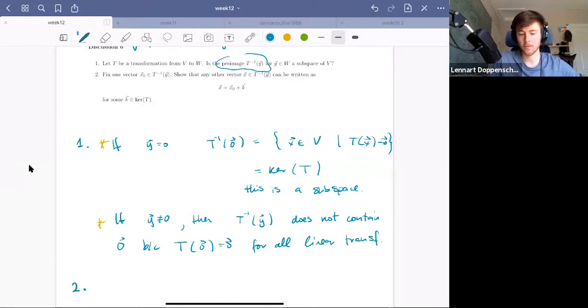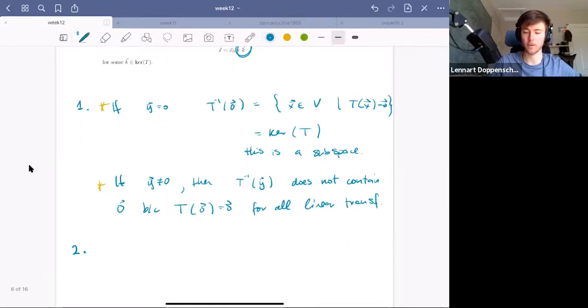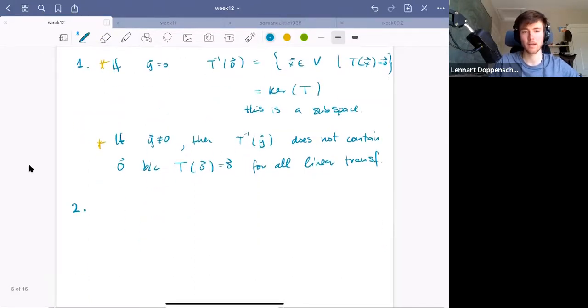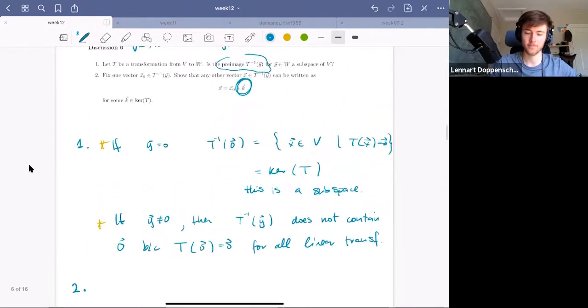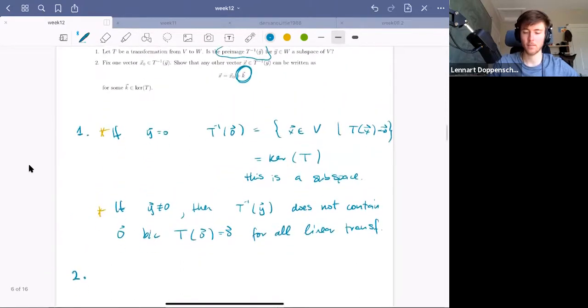Well, maybe another question of how to start is how many such Ks can there exist? If we fix x0 and we pick another x, then we can see that this K has to be unique.